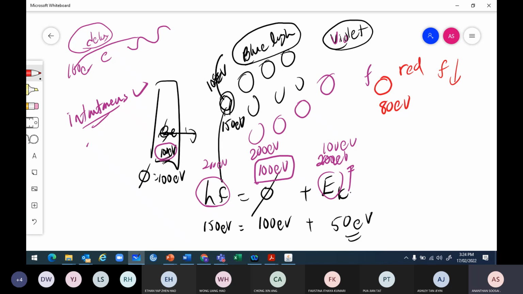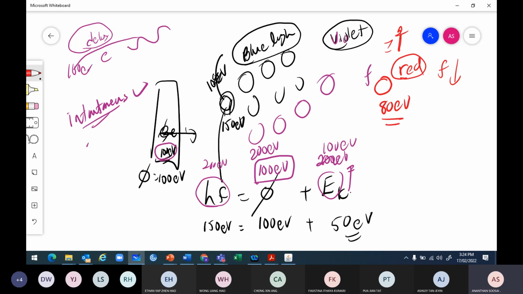Do you expect the electron to be released? It can't be, because the bonding is 100 eV but the photon energy of red is only 80 eV. The packet of energy received is lower than the bonding, not enough to break the bond.